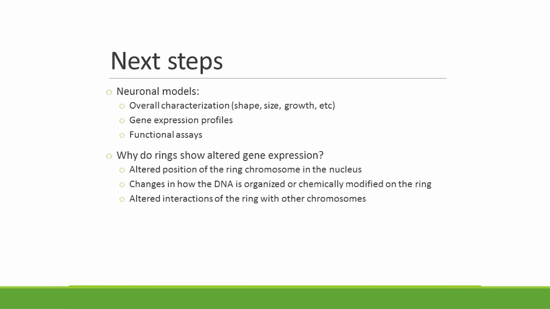So the next steps are to look at these neuronal models to make sure that we have made real cells and not some abnormal cell that's not like something you would find in a human, so we have to characterize them. But we can use these now to look at gene expression in cells that are more likely to be affected by the ring and do some functional assays to see how these cells are behaving, or how a ring can affect the function of these cells.